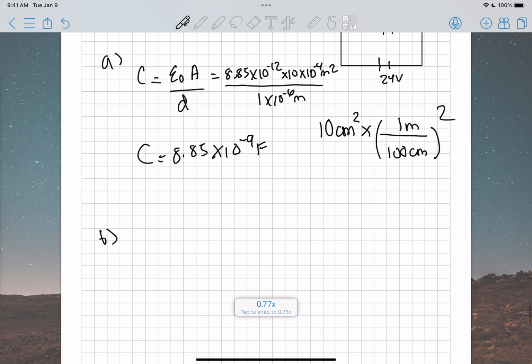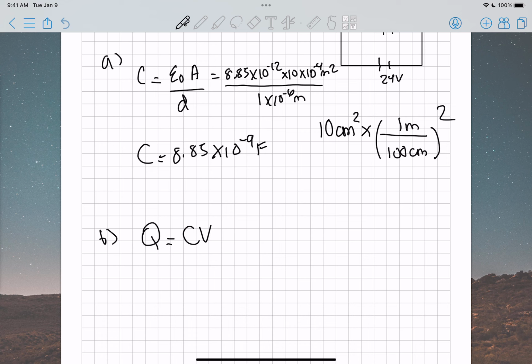And then part B, it's saying the capacitor is charged by a battery with a potential difference of 24 volts. Calculate the charge on the plates. Well, voltage, charge, capacitance: there should be an equation that relates these concepts together. If you look at your equation sheet under the capacitor heading, it's very easy: Q equals CV.